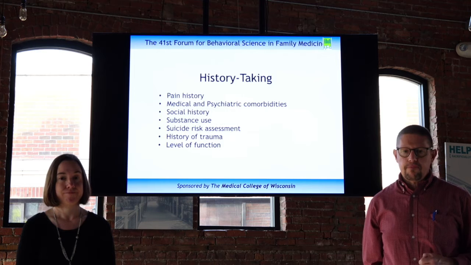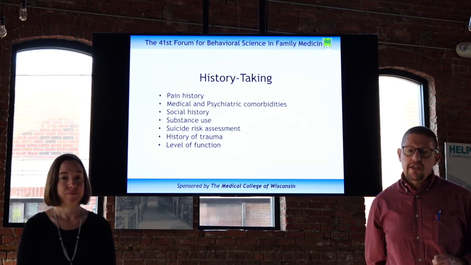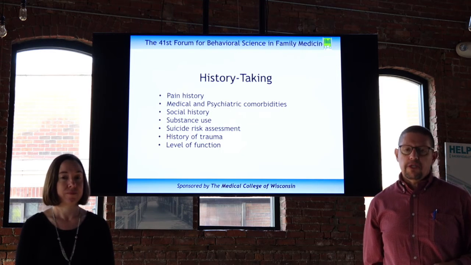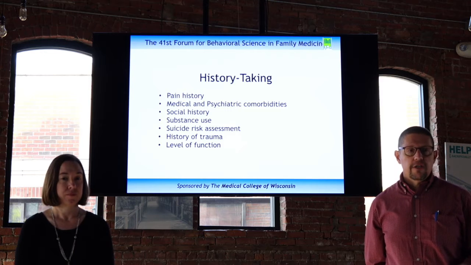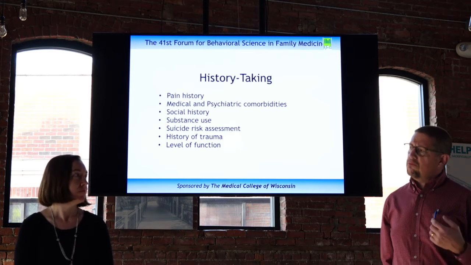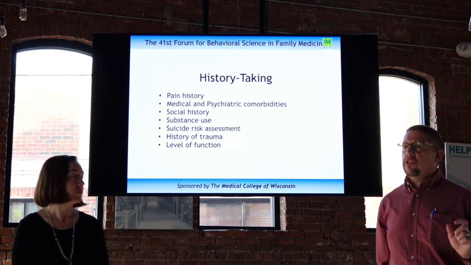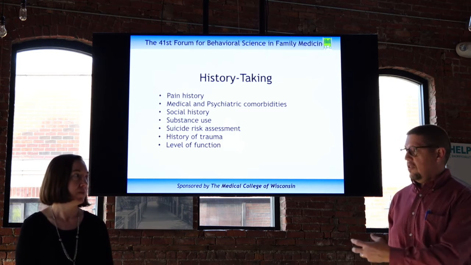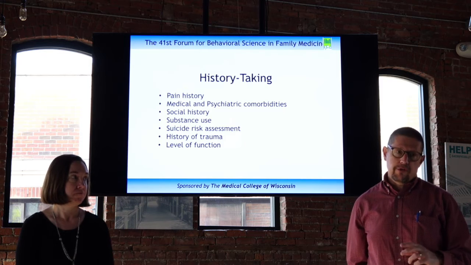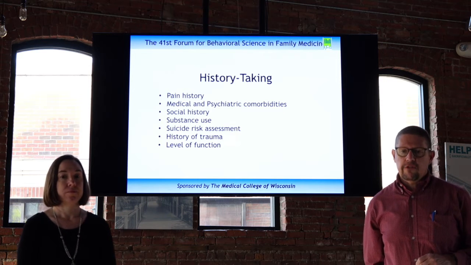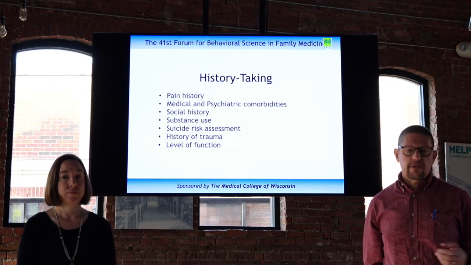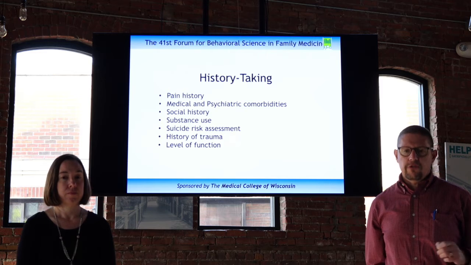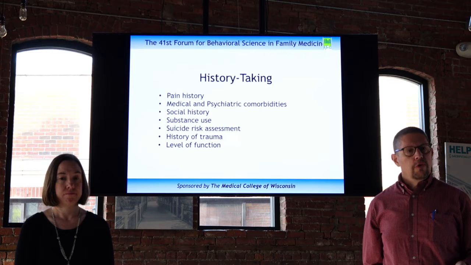Next. And so in history taking, we're moving a little bit deeper here, but you can see their pain history. And I would probably talk about not only the chronic or the more severe acute moments, but the chronic moments. So gathering both of those things in that history. Medical and psychiatric comorbidities, just kind of talked about that a little bit. Social history, substance use, suicide risk assessment is really important.